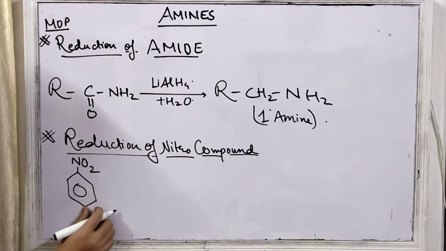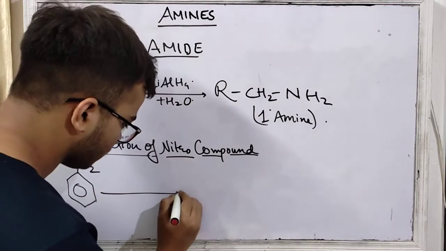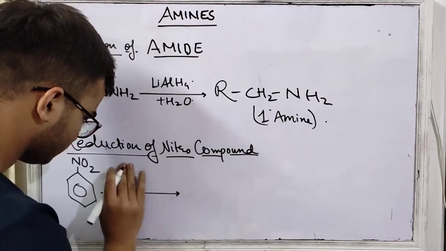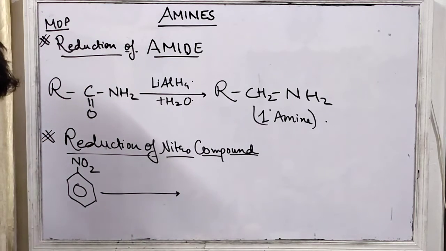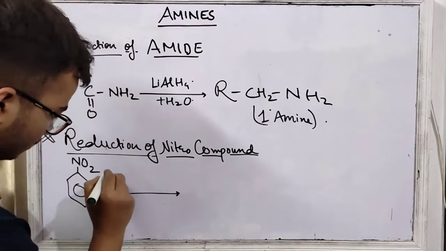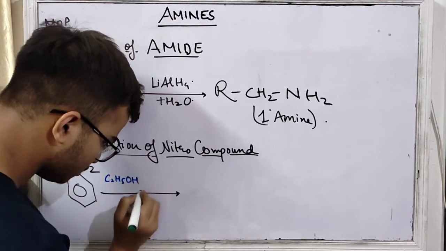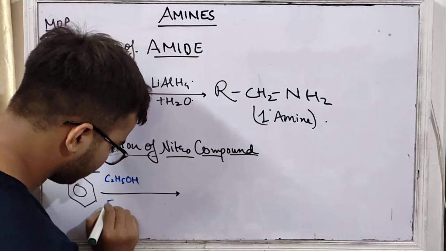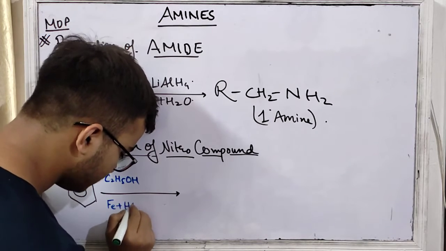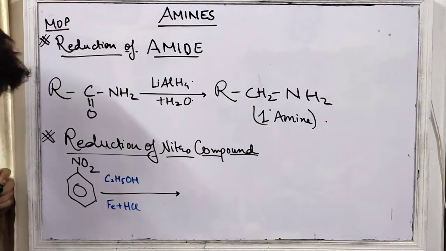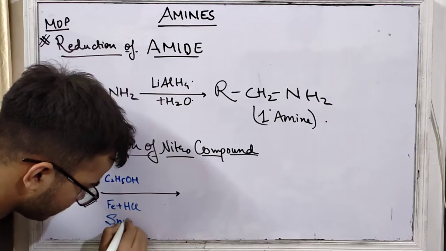Now if you want to perform reduction, you can take ethyl alcohol, C2H5OH, or you can take Fe plus HCl, or you can take Sn plus HCl.